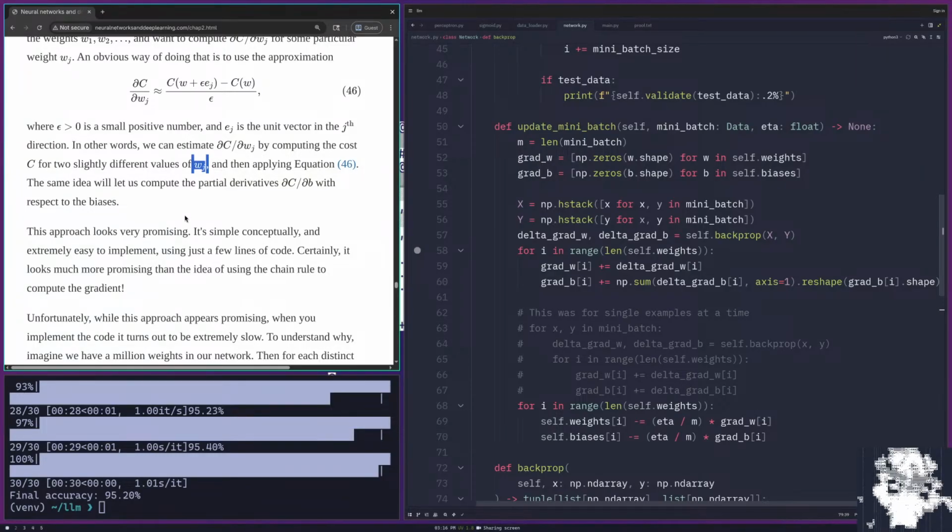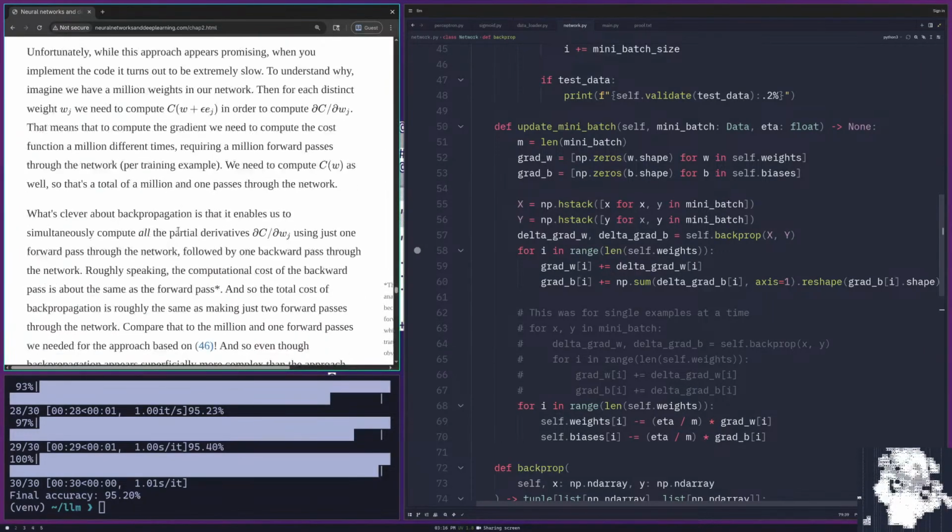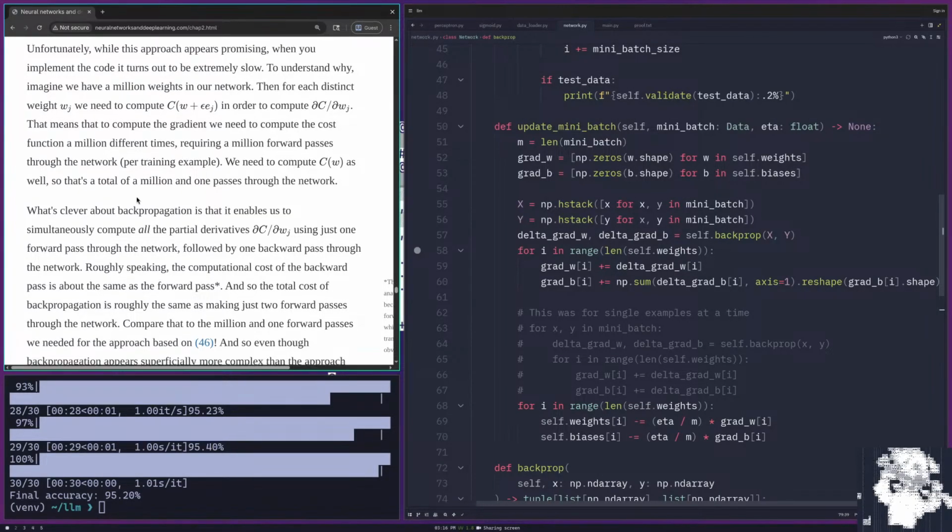Okay, so for each weight you need 2 forward passes, basically. Whereas with one forward pass you get all of the weight adjustments with backpropagation.